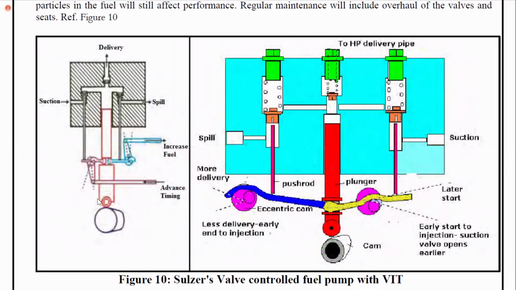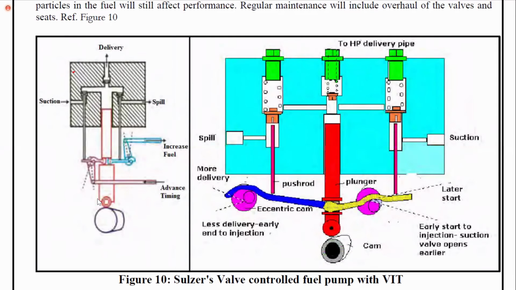Suction side. Okay, suction side. What will happen with that? Suppose I turn this eccentric cam anti-clockwise. Can you explain what all things will happen because of anti-clockwise turning of this eccentric cam over here? I'll just annotate over there. If I turn it anti-clockwise.